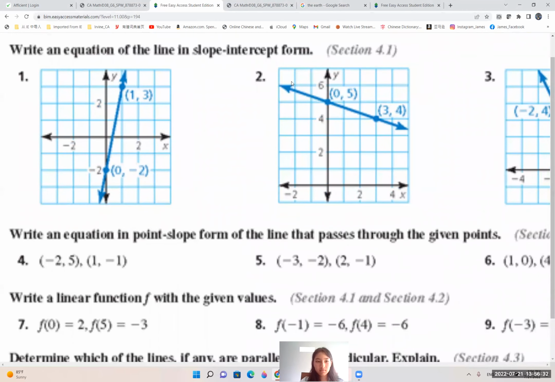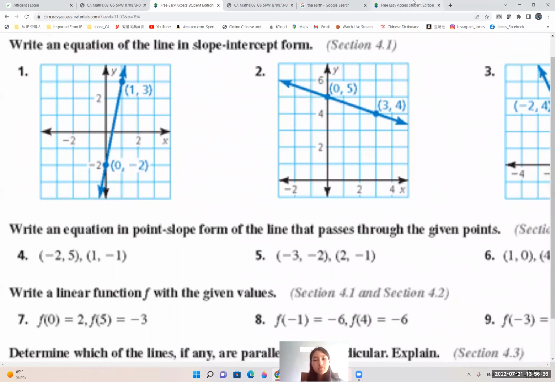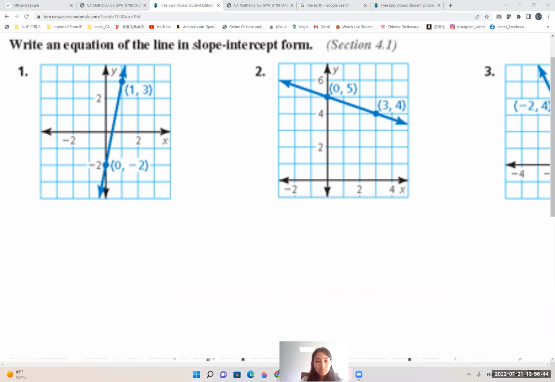Write an equation of the line in slope-intercept form. So did we talk about this or not?